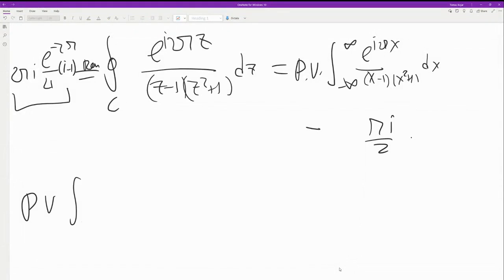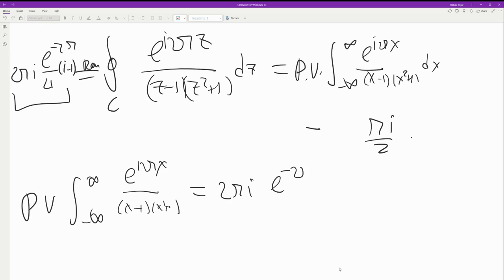Okay, so let me move things around. We have the PV of this e to the i 2 pi x. So what is it? 2 pi i over 4i minus 1 and then plus pi i over 2. All right. Now what?